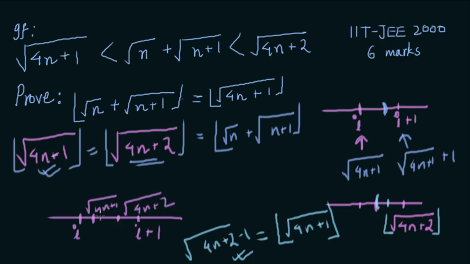Because we just proved that between these two there cannot be any integer, right? We took the example of p and showed that p cannot lie between these two, because if p lies between these two, then if you square it, you can see that p squared is an integer lying between two integers which are separated by just 1, which is impossible. So there won't be any integer in the middle, so they will live in the same space, right?